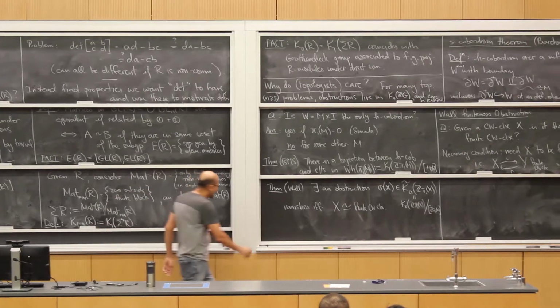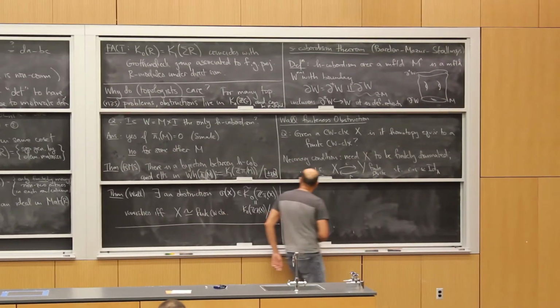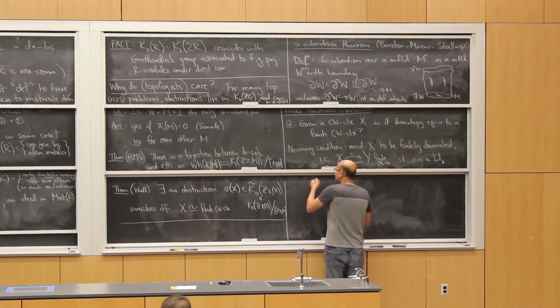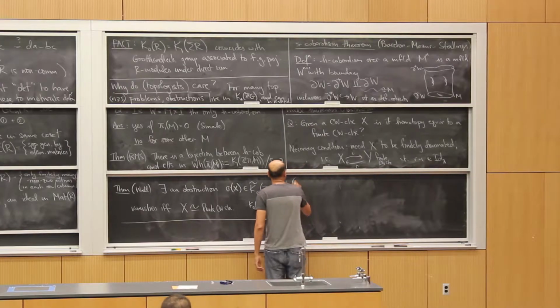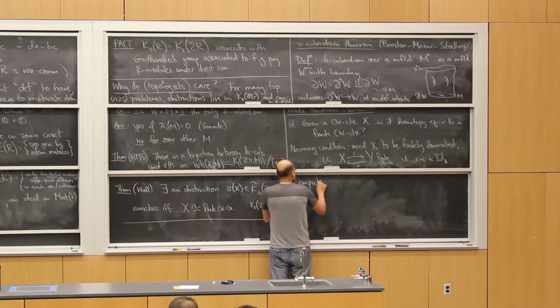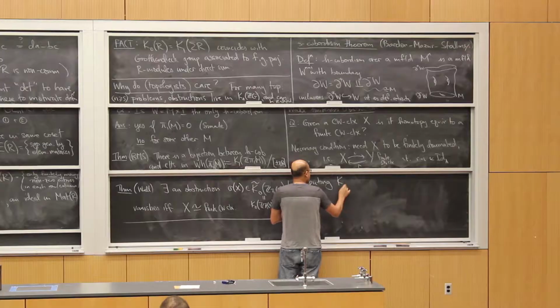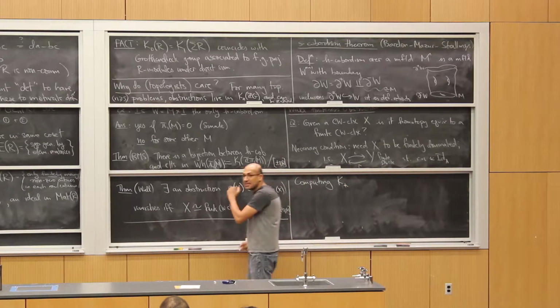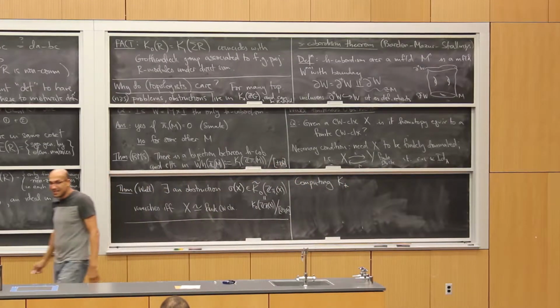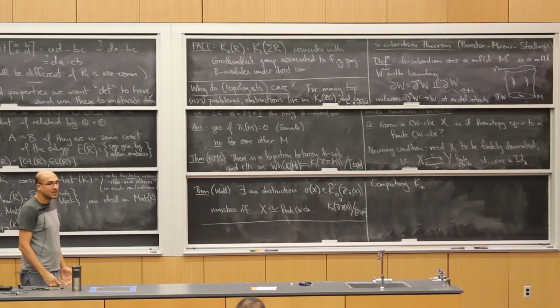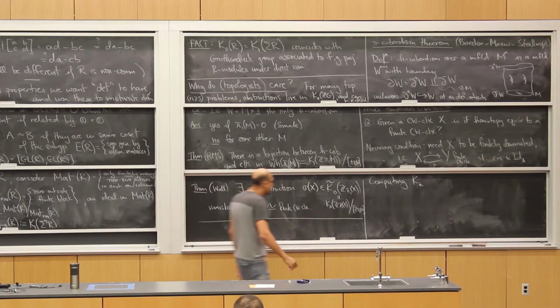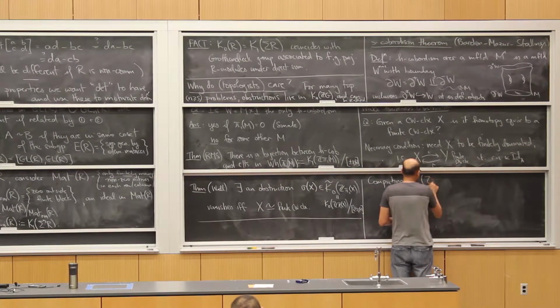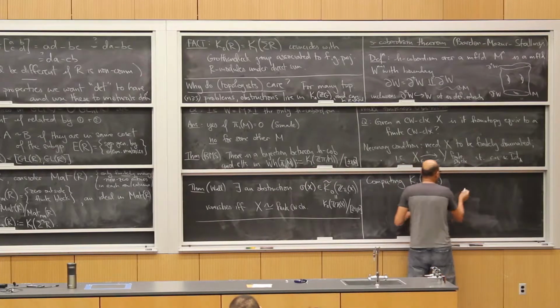All right, so the next question is, how do we compute? As you can tell from these examples, the main source of interest, at least for topologists, is the case of integral group rings, K_* of ZG, G a group.